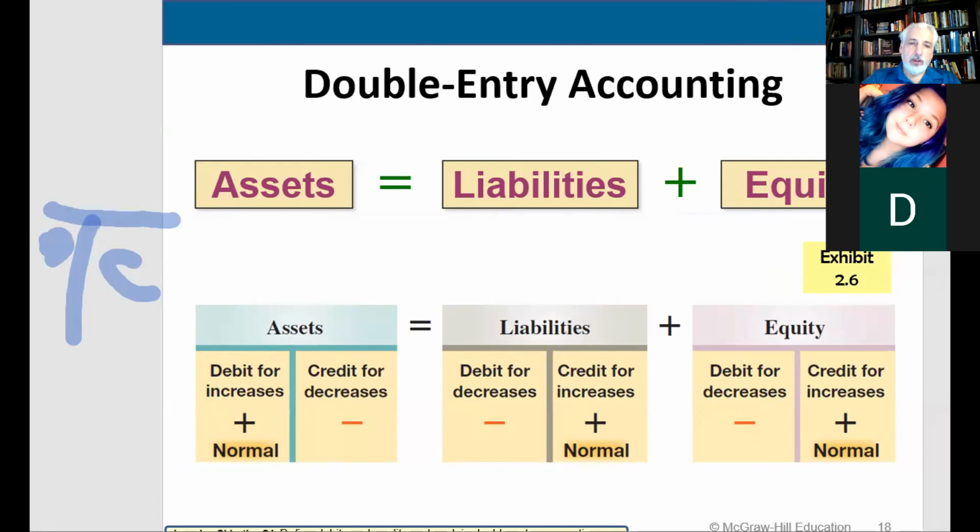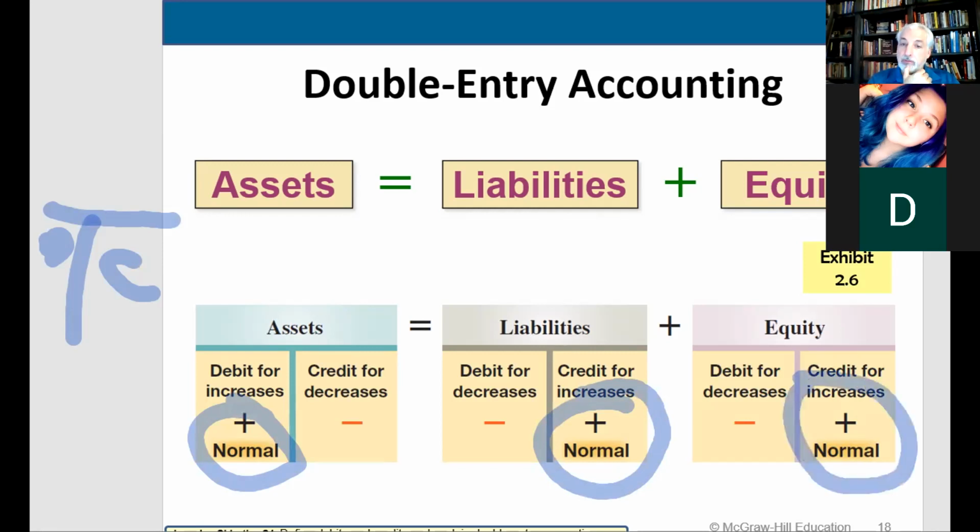Because what's happening? Debits will increase an asset. The normal balance of an asset, like cash, is a debit balance, a left balance. But the normal balance for things like accounts payable, or notes payable, or bonds payable, is a credit balance. And the same thing on equity, the normal balance for equity is a credit balance.